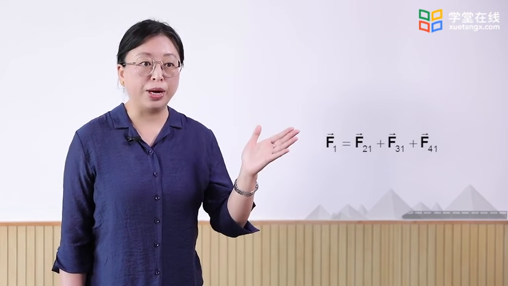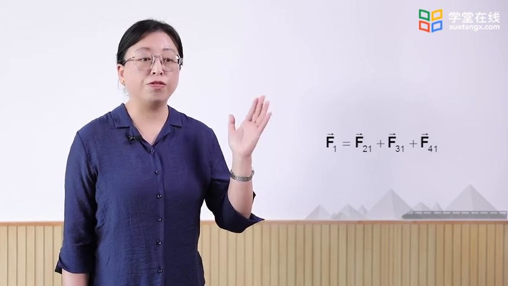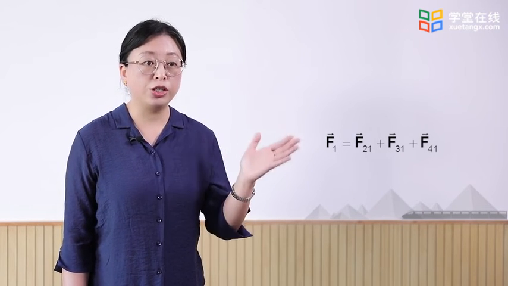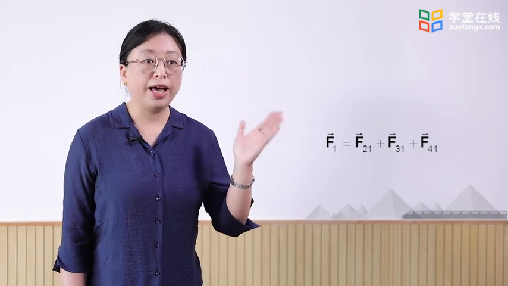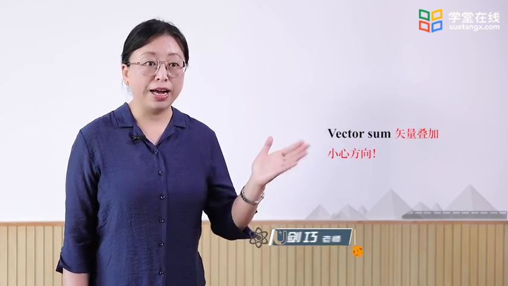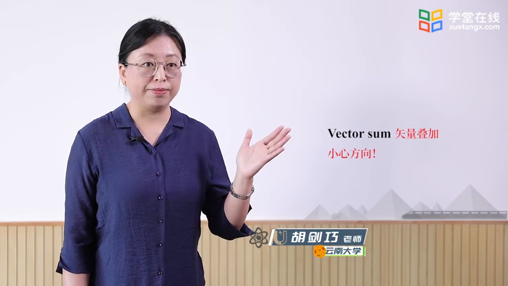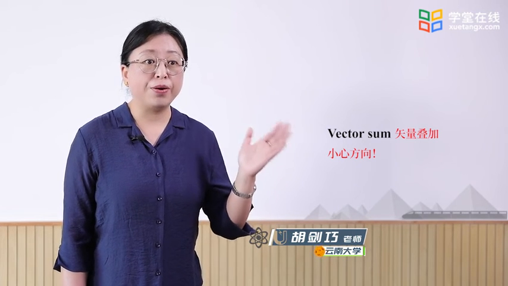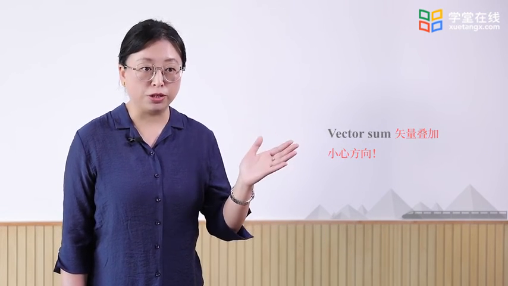For example, there are a total of 4 charges present. The force on the charge Q1 equals the vector sum of the forces exerted by the charges Q2, Q3, and Q4. Please note that it is the vector sum, not the algebraic sum. We must be very careful about the direction of each force.